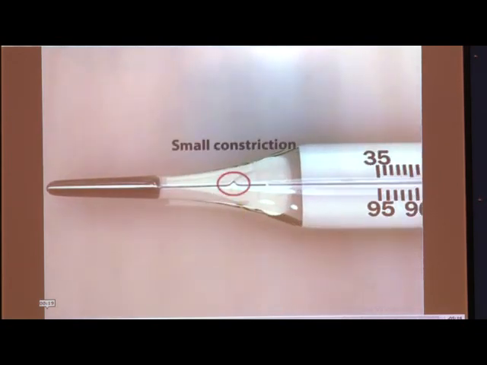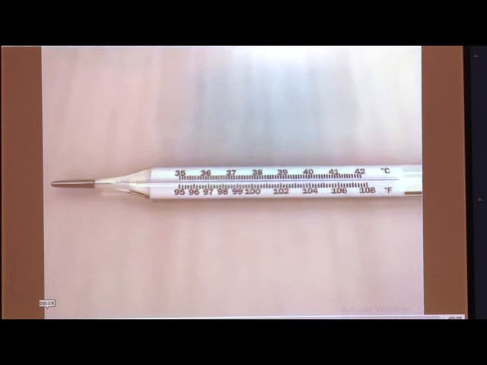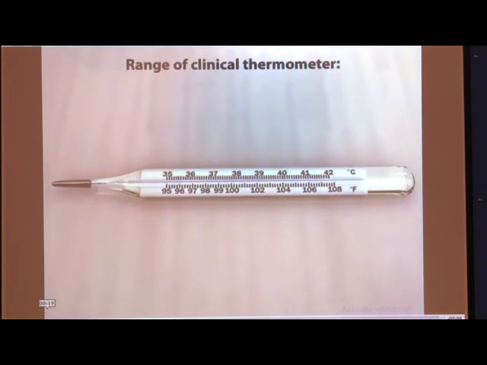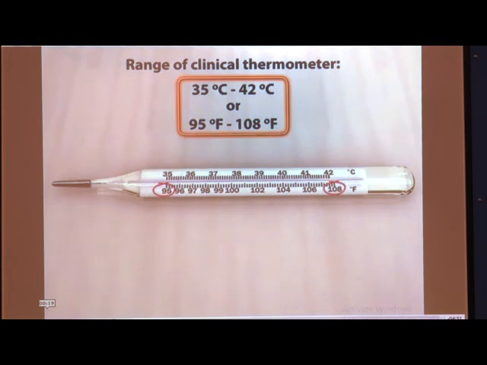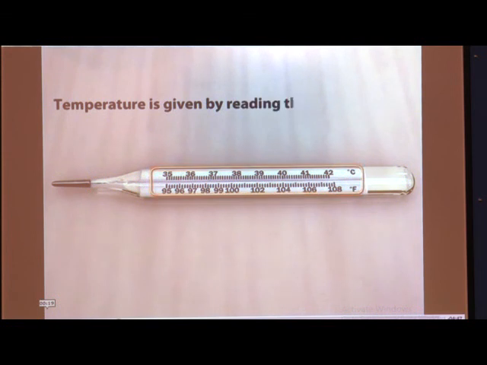There is a small constriction in the neck close to the bulb. A clinical thermometer can measure temperature ranging from 35 degrees Celsius to 42 degrees Celsius, or 95 degrees Fahrenheit to 108 degrees Fahrenheit. That's a pretty small range. You can get the temperature by reading the scale inscribed on the side of the thermometer.